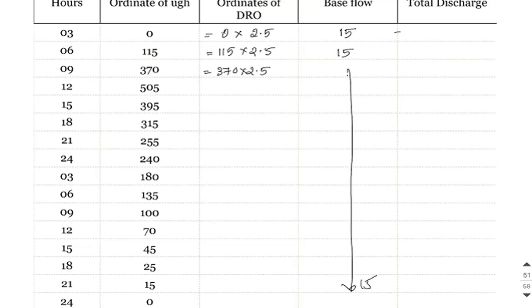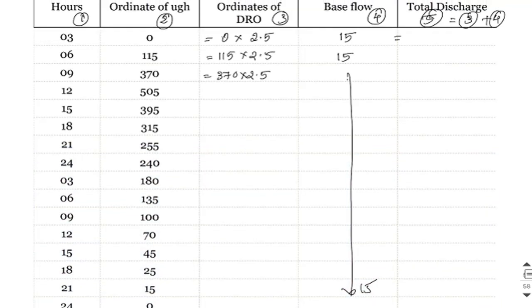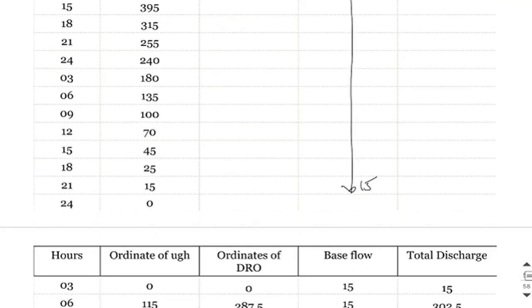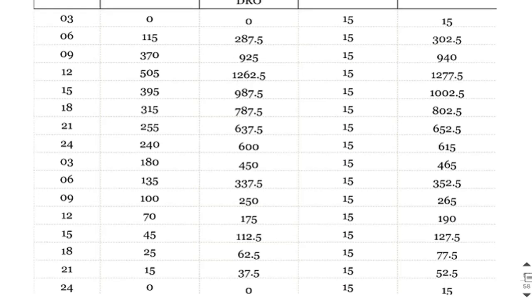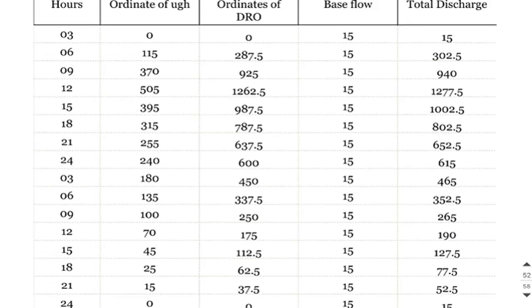Then total discharge is equal to direct runoff plus base flow. Calculate the value. So finally you will be getting this as the total discharge.